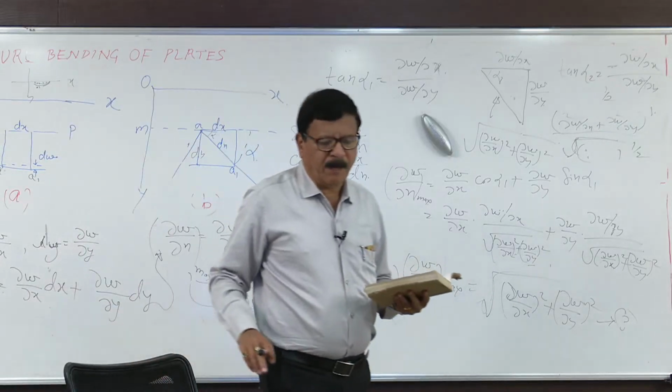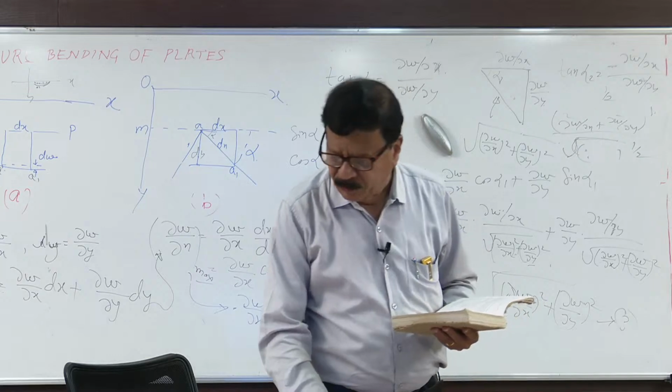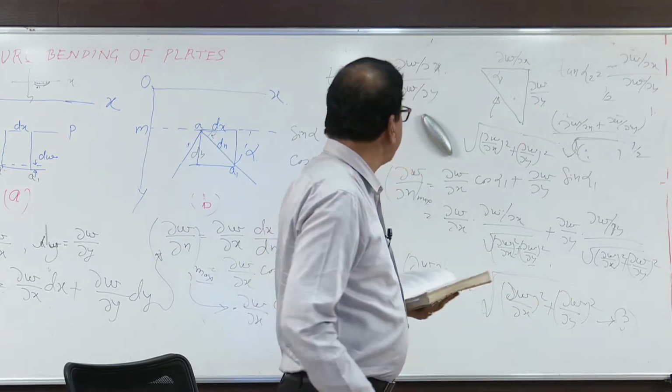Now if you multiply tan alpha 1 tan alpha 2, you will get minus 1.